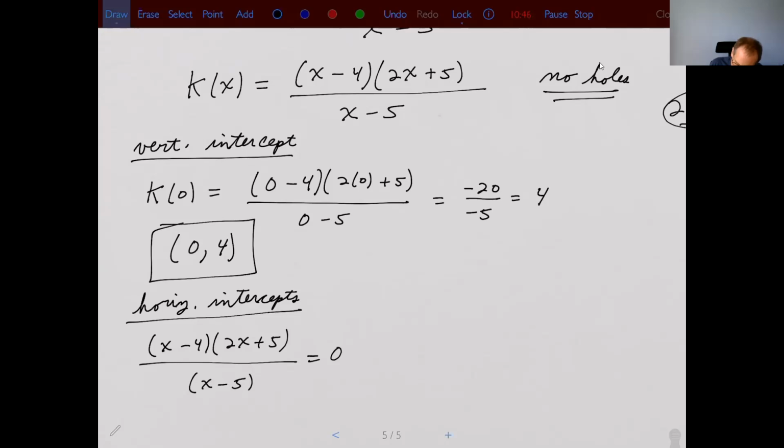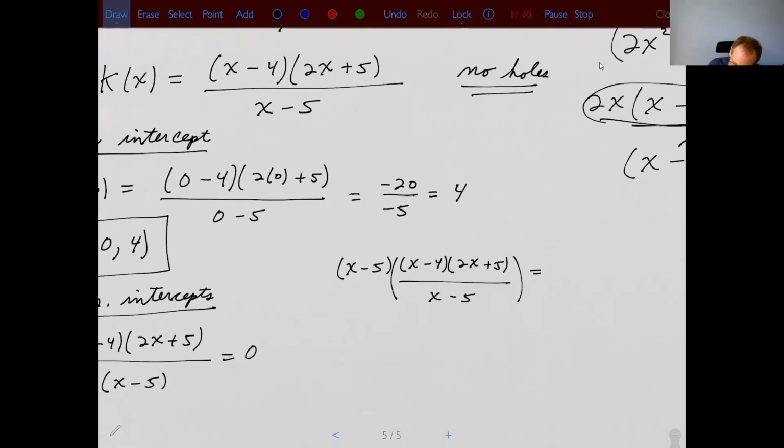So if I multiply the left-hand side by x minus 5, and then the right-hand side by x minus 5, what's going to happen?